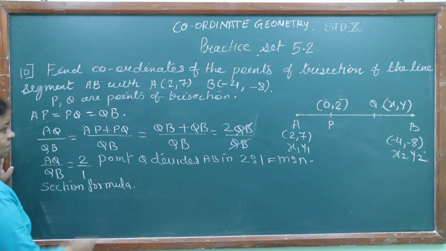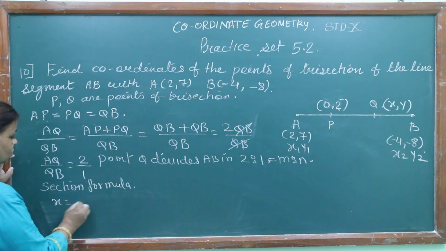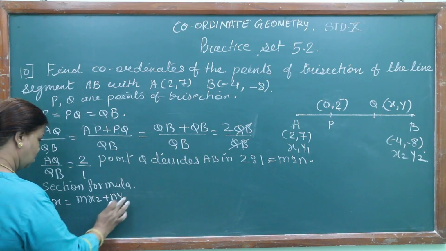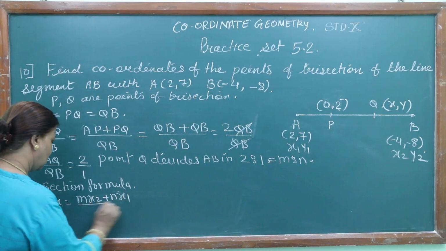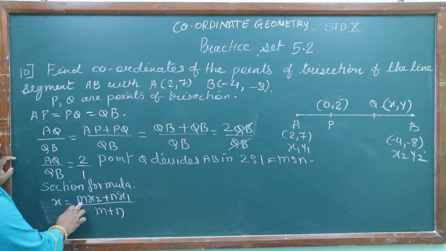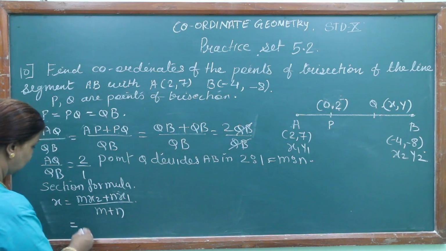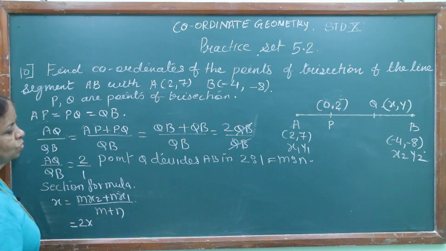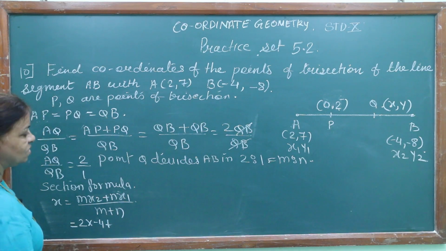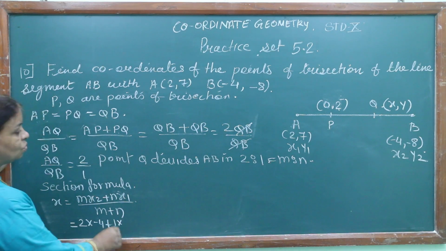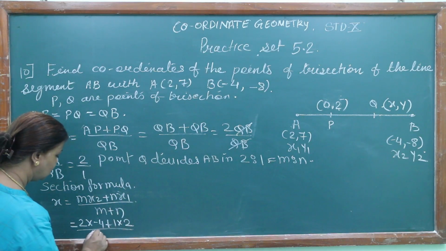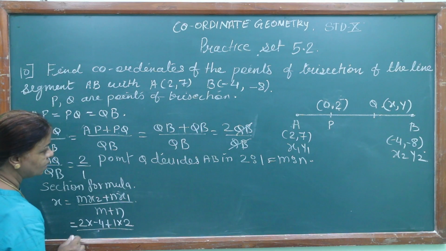So if that is x, then x is equal to m x2 plus n x1 upon m plus n. Place the values. m is 2, children, here 2 into x2, and x2 is minus 4, plus n is 1, 1 into x1, that is 2, upon 2 plus 1.